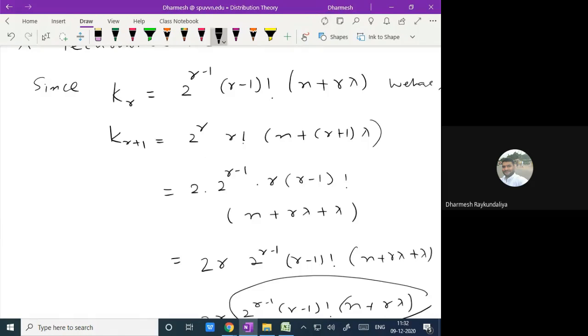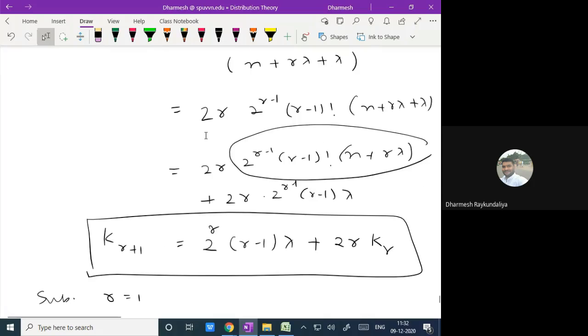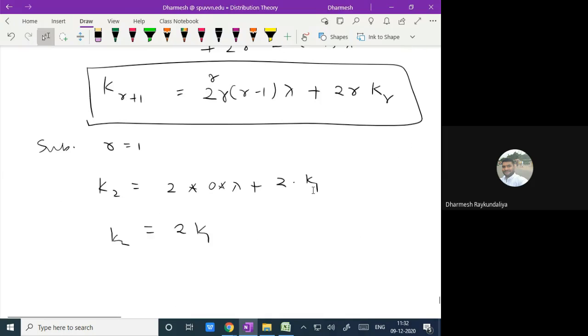This is lambda, it is fine. Okay, it is r into r minus 1 lambda. Okay, now it is fine.